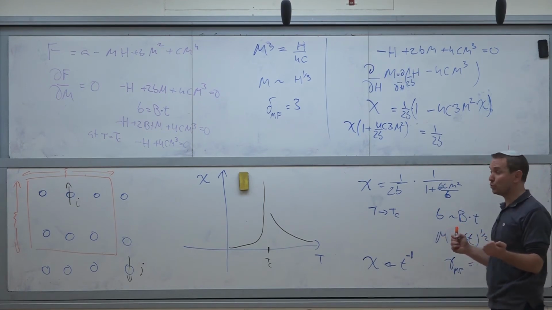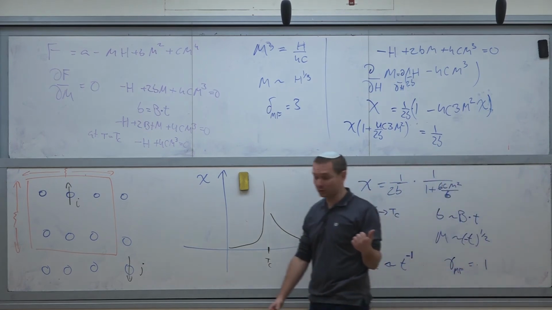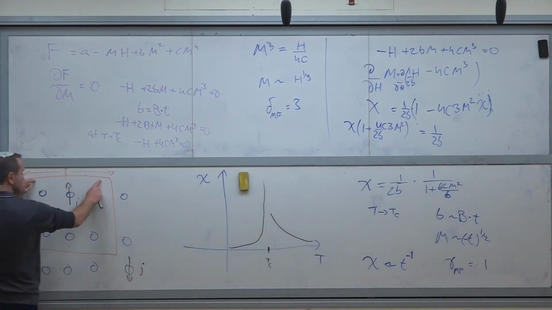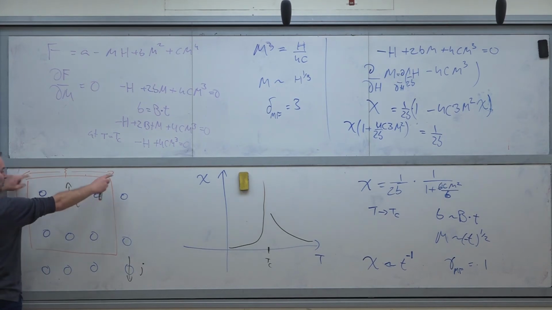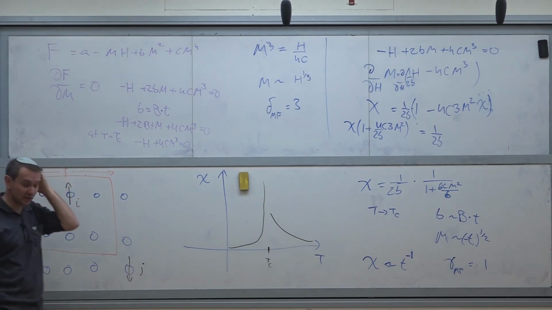What starts to happen when we are approaching the critical temperature? As I already told you, the size of these clusters starts to grow, meaning that the cluster length, zeta, becomes larger and larger.